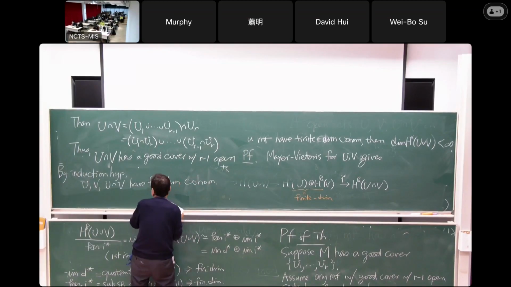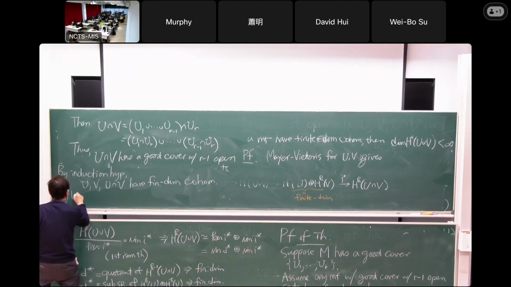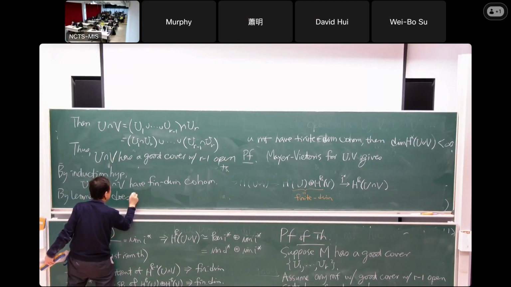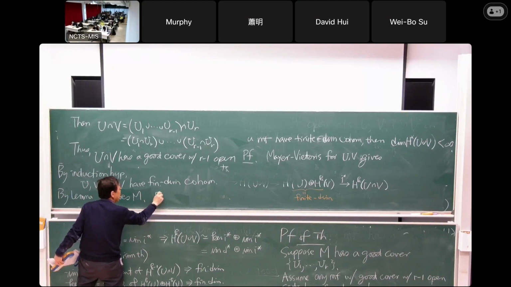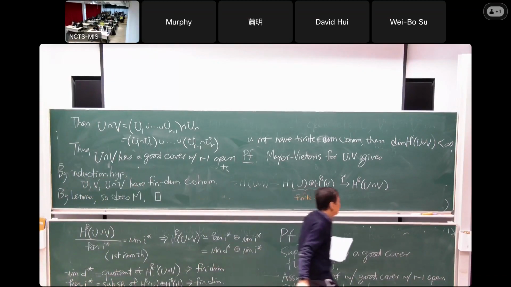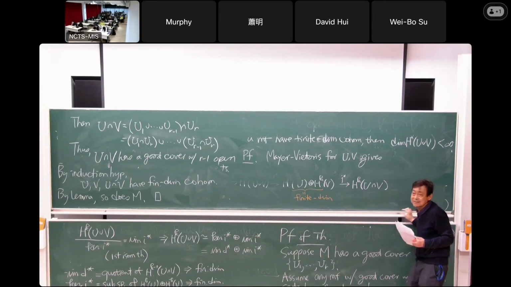And so by the lemma, so does M. All right, so that proves that any manifold with a finite good cover has finite dimensional cohomology.